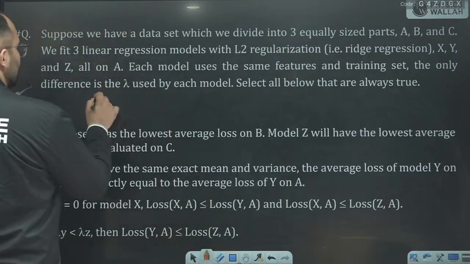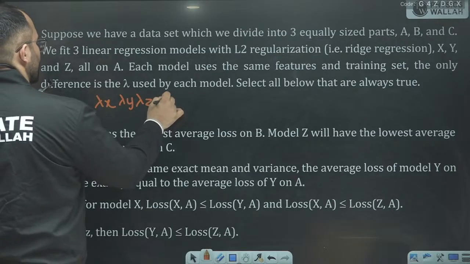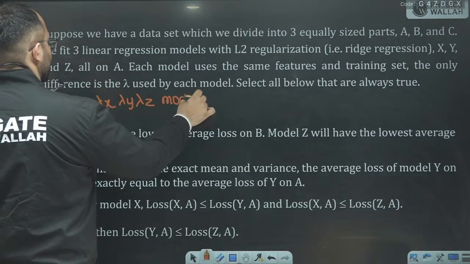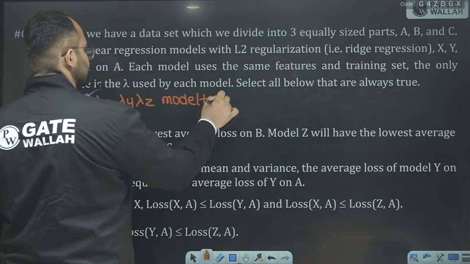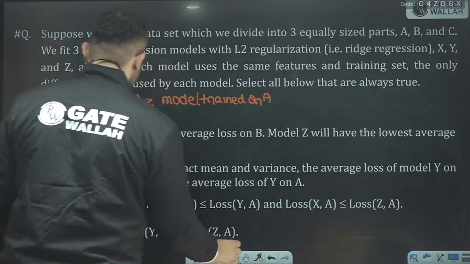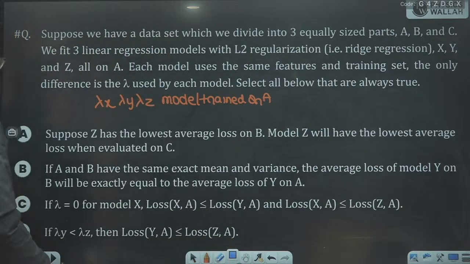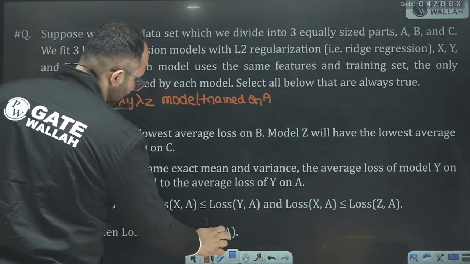So we have lambda X, lambda Y and lambda Z, and the models are trained on A dataset only. Now, if lambda Y is less than lambda Z, then loss of Y on A will be less than loss of Z on A.